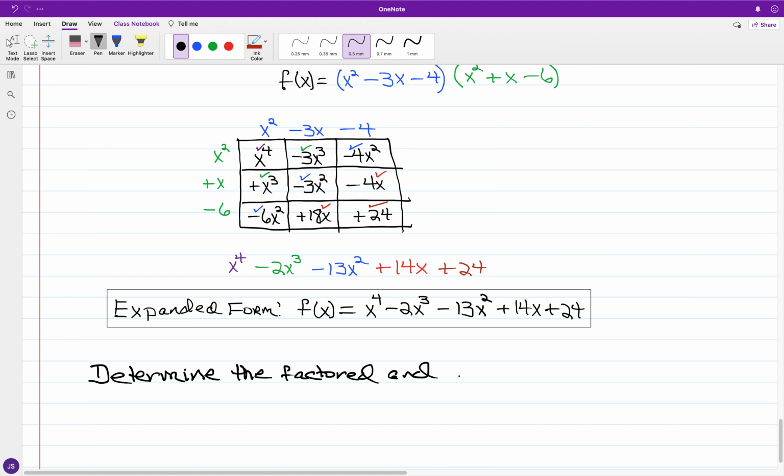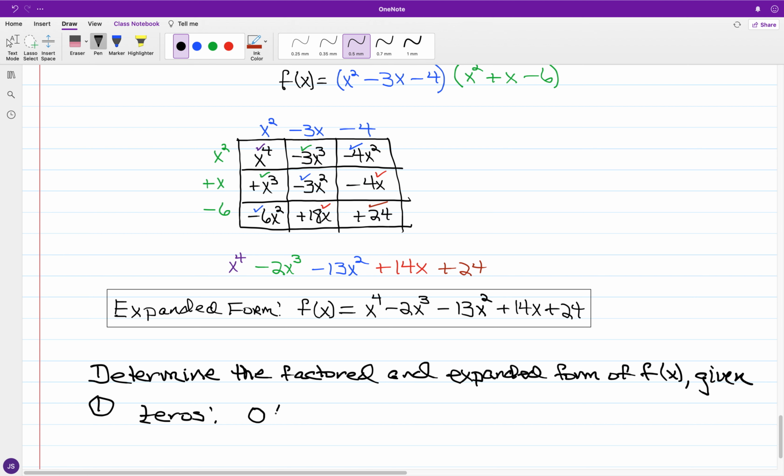So you're looking for the factored and expanded form of f of x given, and we'll say that for the zeros, let's say the 0 is going to have a multiplicity of 2.